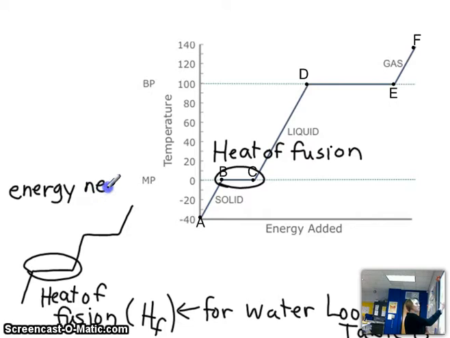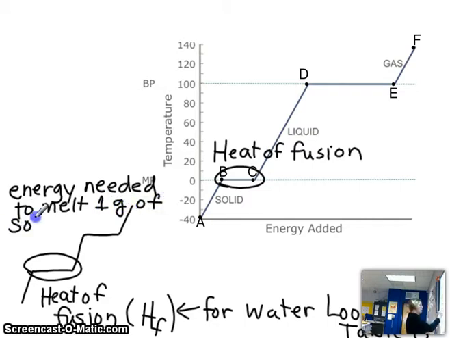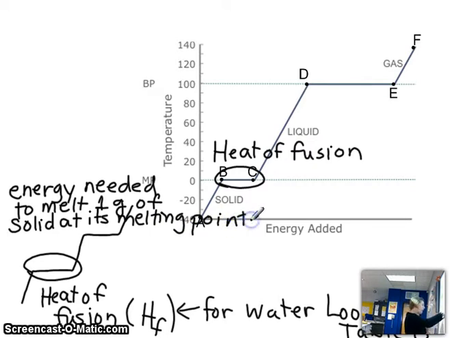You may write this down too as the definition, of whatever solid, at its melting point. So the energy it takes to go from here to here, that's your heat of fusion, when you're already at your melting point to when you're done melting.